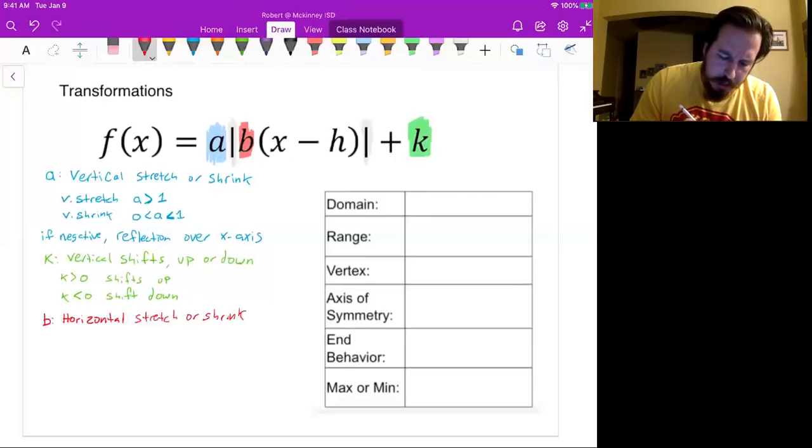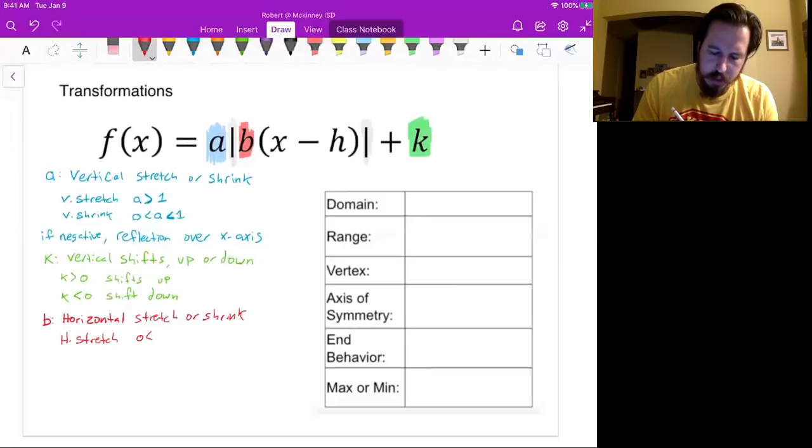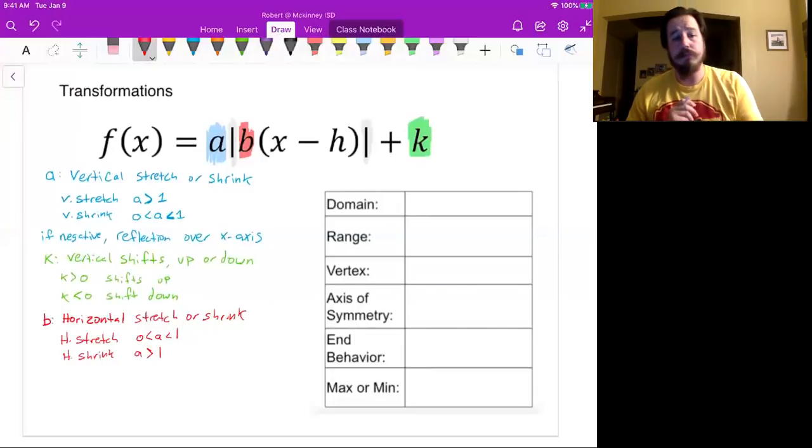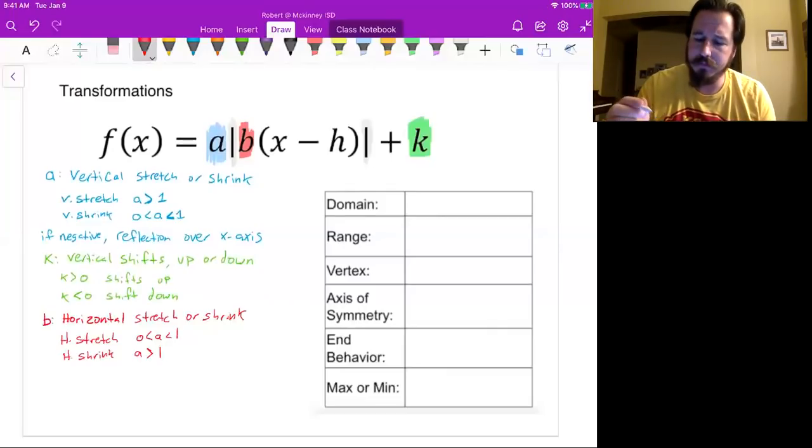So it will be a horizontal stretch if my A value is between 0 and 1, and a horizontal shrink if A is greater than 1. For right now, we are not going to be dealing a whole lot with B, so that can just kind of go in the back of your memories.